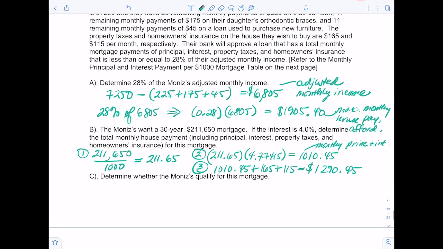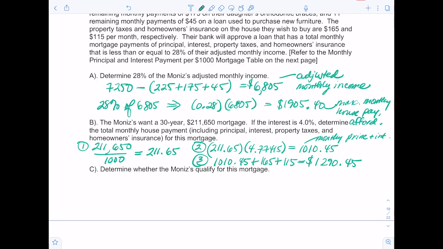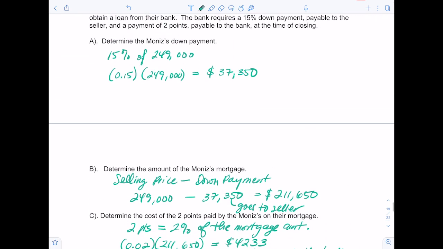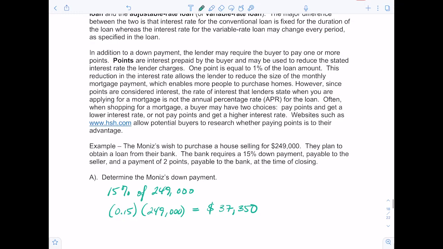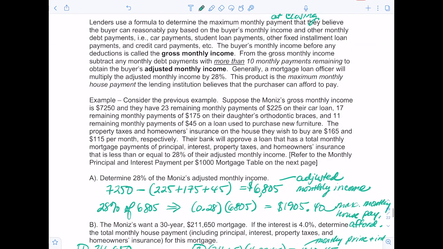Okay, so after going through all of that, did they qualify for the mortgage? So if you'll remember, typically a mortgage loan officer will multiply the adjusted monthly income by 28%. And that gives them the maximum monthly house payment that the lending institution believes the purchaser can afford to buy. So if you'll remember, we already figured that out.